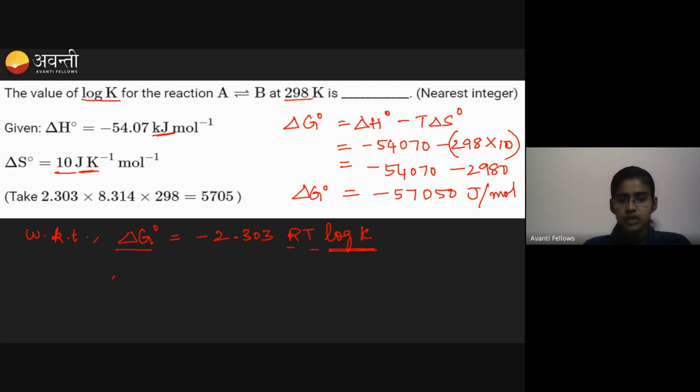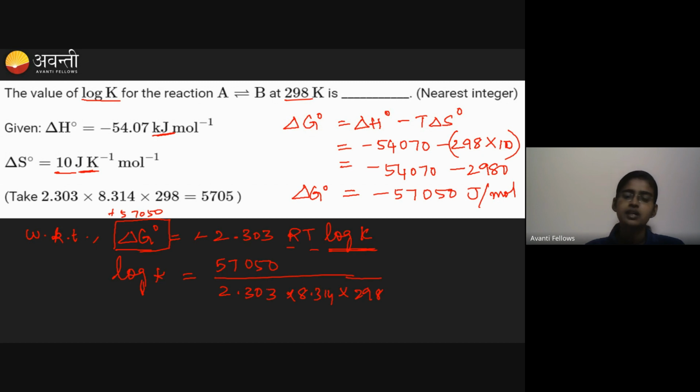So substitute everything and you will get log K as 57050, because the minus will get cancelled after substituting delta G naught, divided by 2.303 into 8.314 into 298.